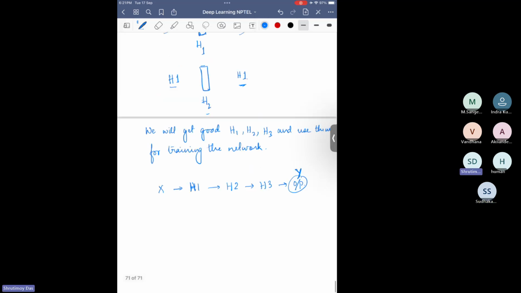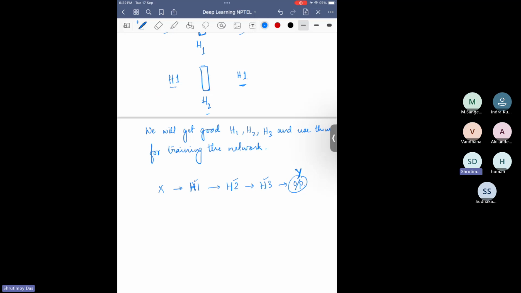Because you have already learned some good representation of H1, H2, and also H3, there is a group of people who are working on it, and they wanted to see if this helps. Now you do your normal back propagation and forward propagation routine.